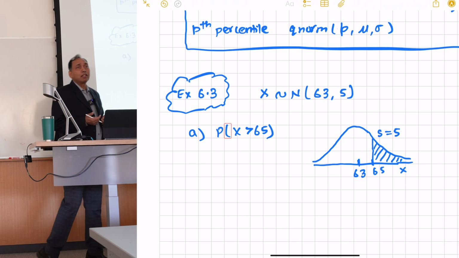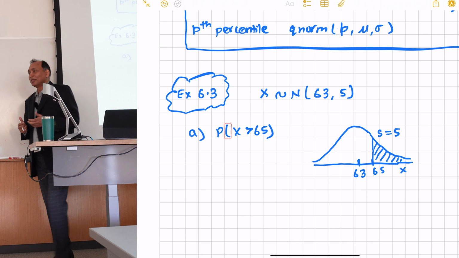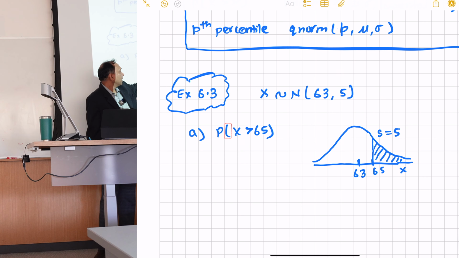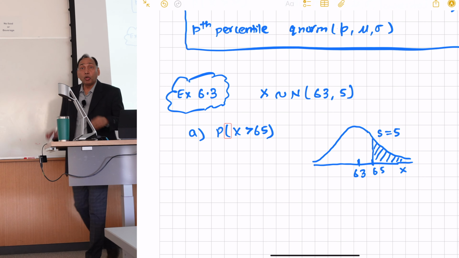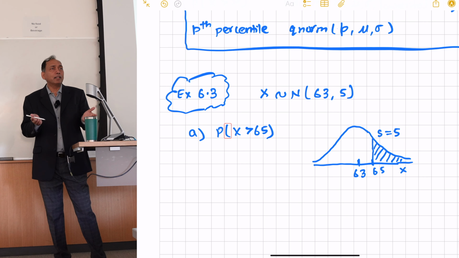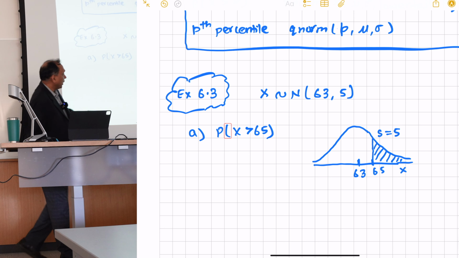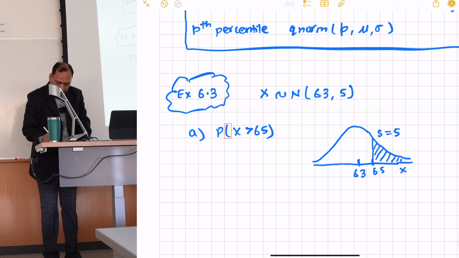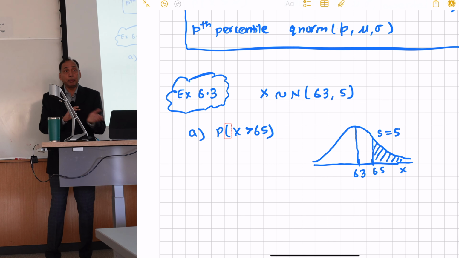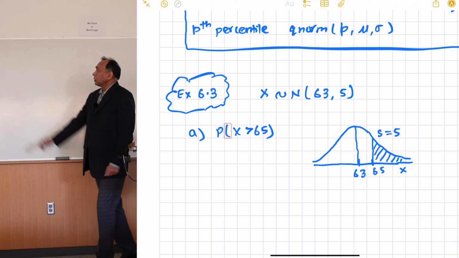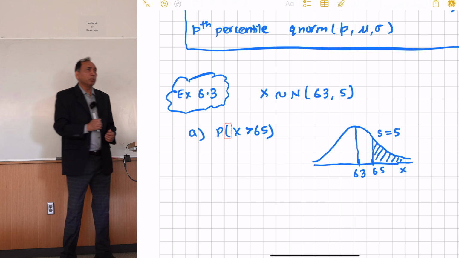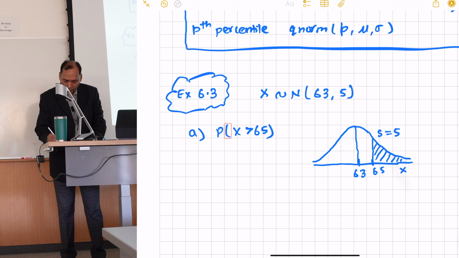What will be your answer, true or false? Without calculating anything, is this probability more than 0.5? Obviously that's a false statement, because visually you know that the area to the left of 63 and the area to the right of 63 is 50-50. So this looks very small compared to 0.5. We are interested in this area.